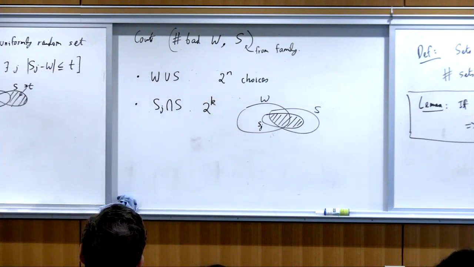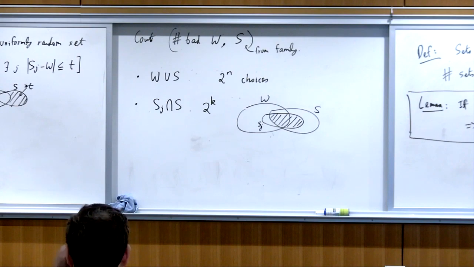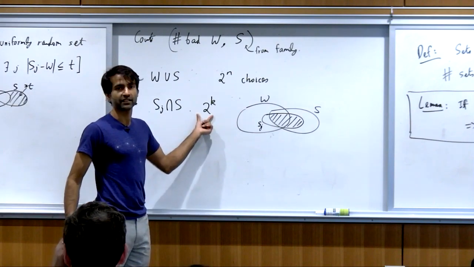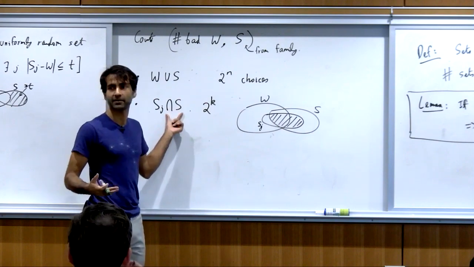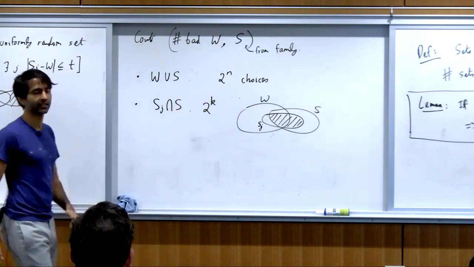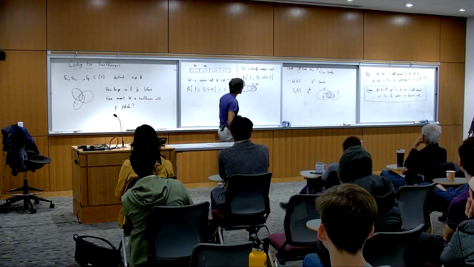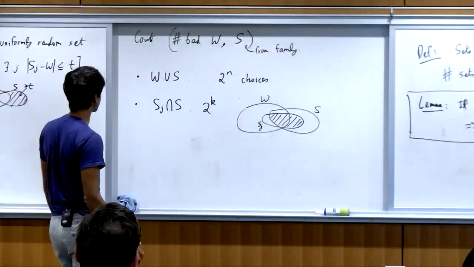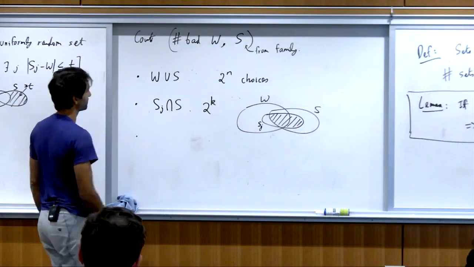Right? So Sj is determined by W union S. And once you know Sj, there are 2 to the k possible choices for Sj intersect S because it's some subset of Sj. So we'll just count the number of choices there. J is determined by the first element, J is determined by W union S.